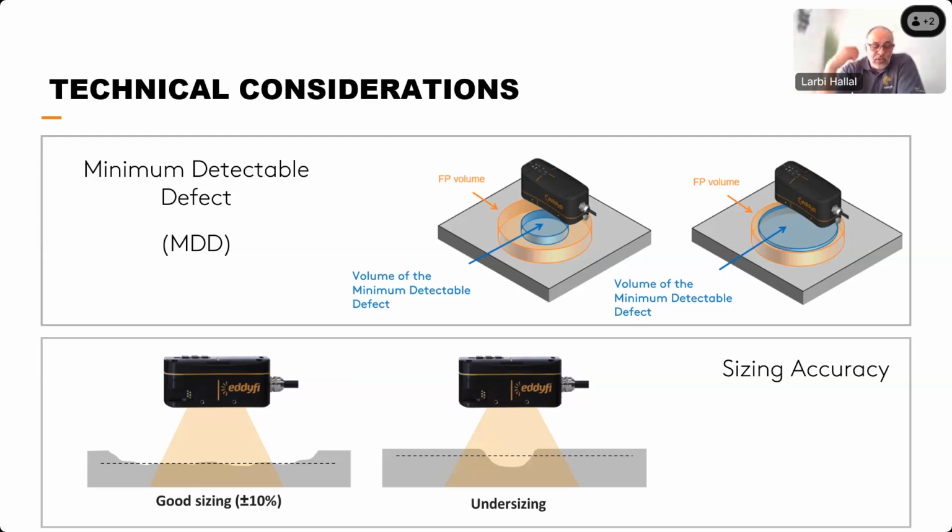So this is important to consider, and it's not explained in the presentation, but we have developed some tools that come with the LIFT called the CWT, the Compensated Wall Thickness Tool, that will help you when you have defects smaller than the footprint to correct the value and limit this undersizing.